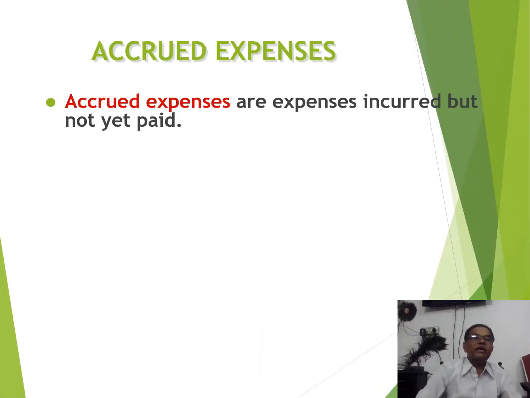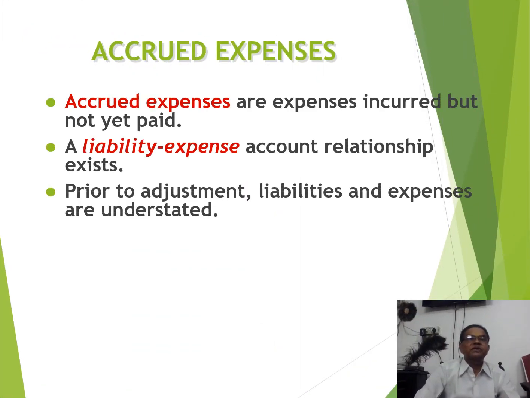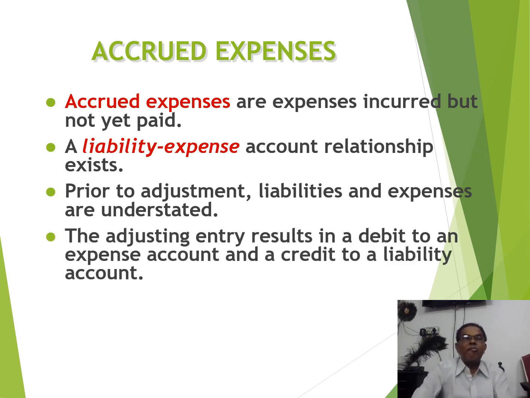Next one is accrued expenses. Again here, a liability-expense relationship exists. So prior to adjustment, what happens? Liabilities and expenses are understated. So adjusting entries result in a debit to an expense account and a credit to the expenses payable account or liability account.